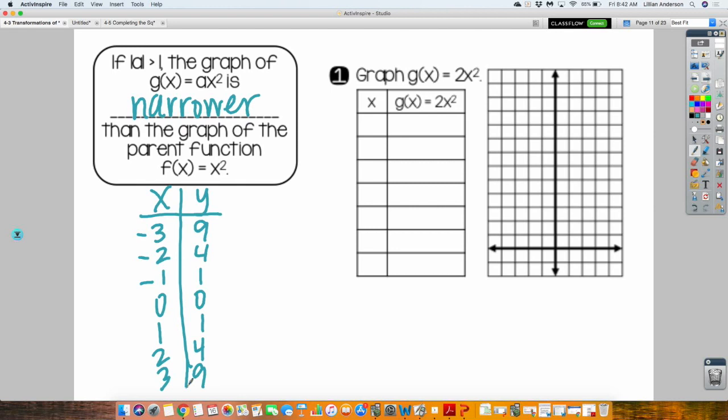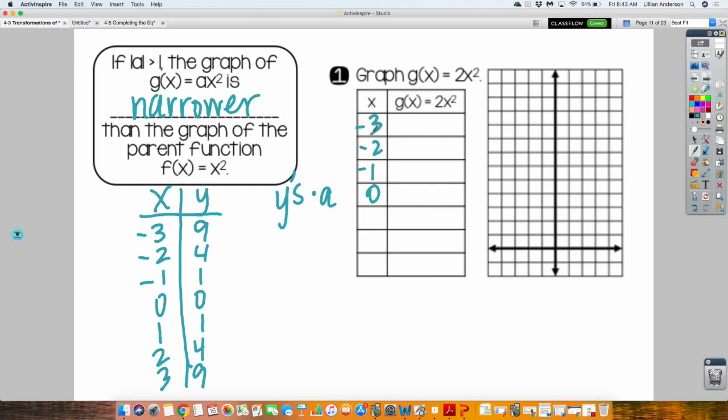We're not going to add and subtract the value because that deals with the translating, moving it up and down. But what we're going to do is multiply our y's by a, okay? If there's an a value, you multiply your y's by that value, all right? So my x's don't change.